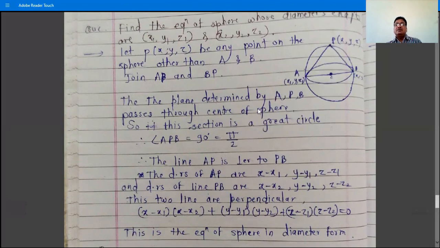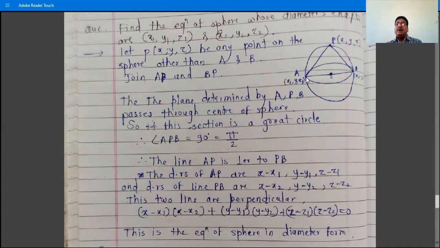Because this plane APB passes through the center of the sphere, the section of the sphere by this plane is a great circle, having the center C of the sphere as its center.